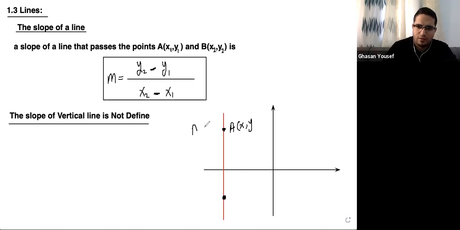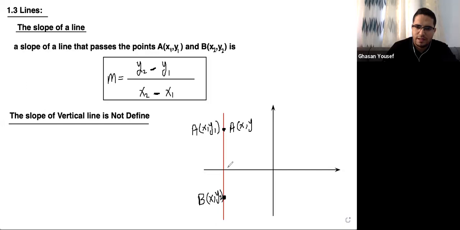Both points A and B have the same x coordinate, B of x comma y2.